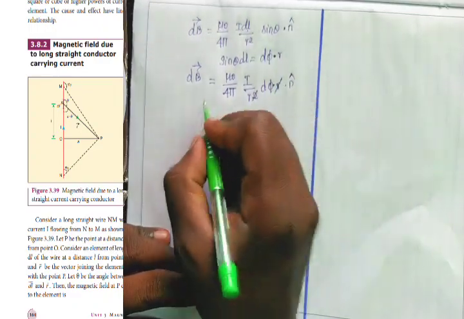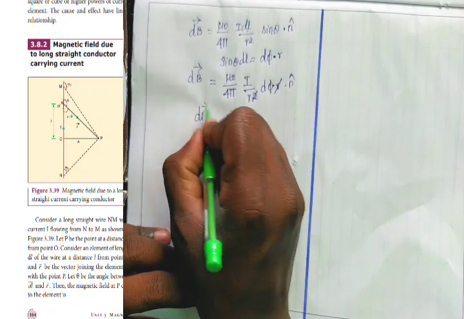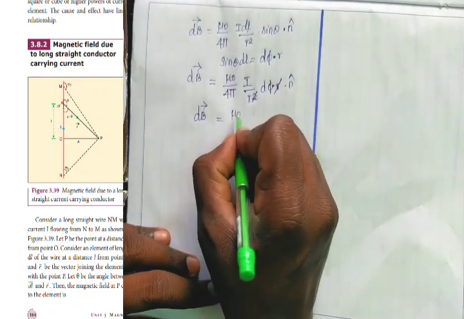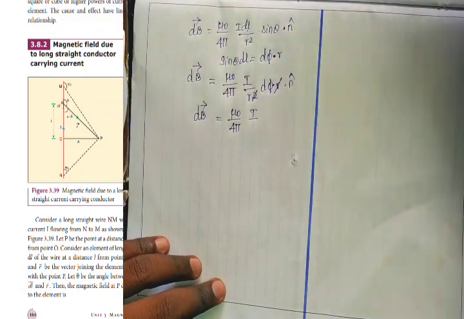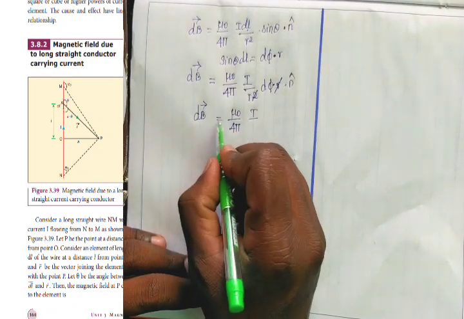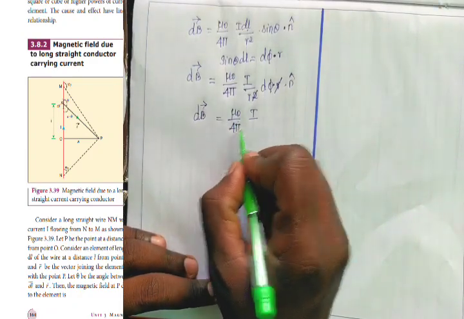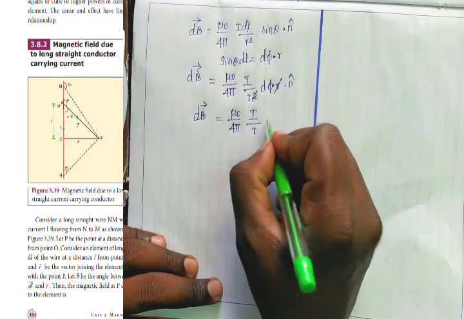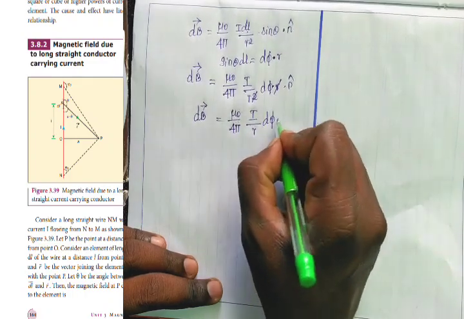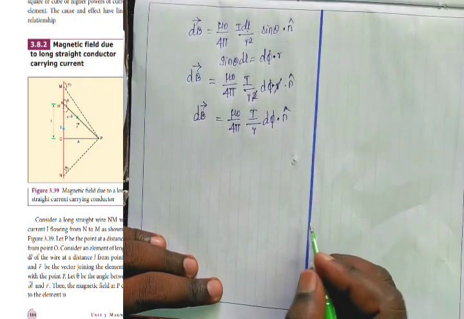R and r squared cancel, and the balance is dB vector equal to mu naught divided by 4 pi, I divided by r only, d phi dot n cap.